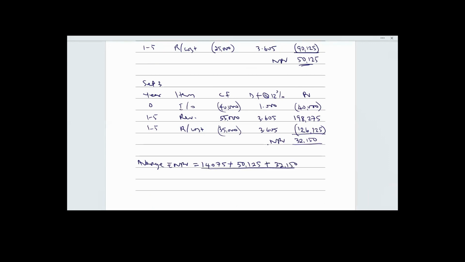We add the 3 numbers together, then divide by 3. 50,125 plus 14,075 equals 96,350. 96,350 divided by 3 will give me 32,000.